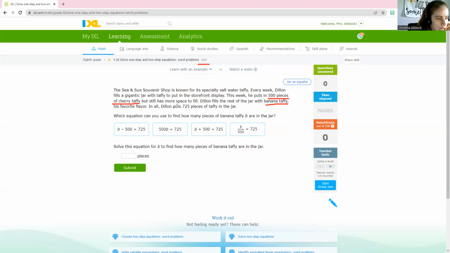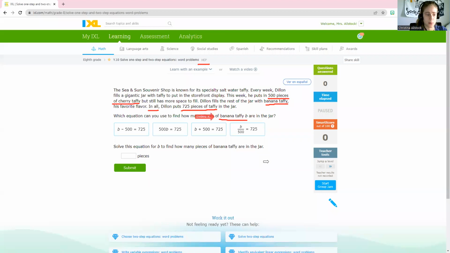In all, Dylan puts, so in all, that means total, he put 725 pieces of taffy in the jar. And then our question is, which equation can you use to find how many pieces of banana taffy B are in the jar? So in this case, they've already identified the variable for you. That's what they did right here.